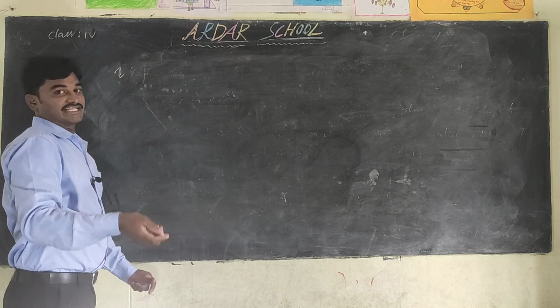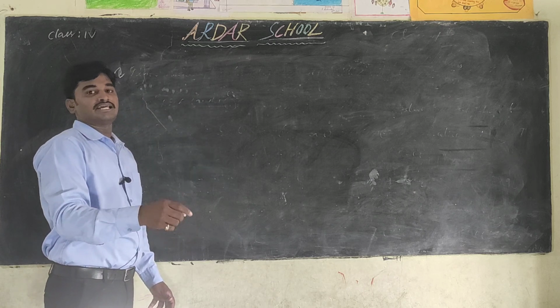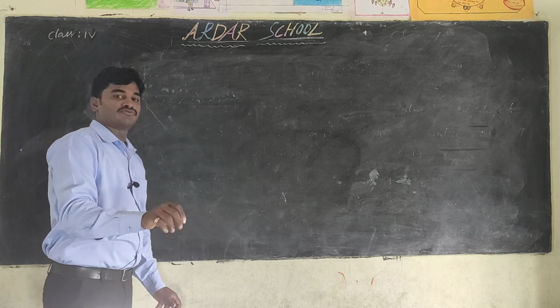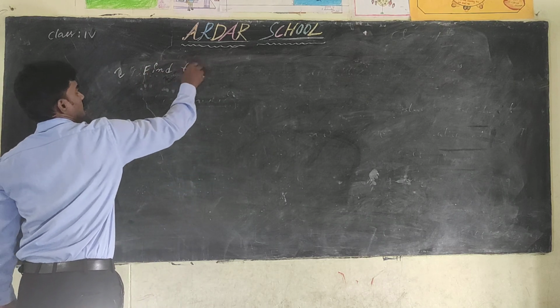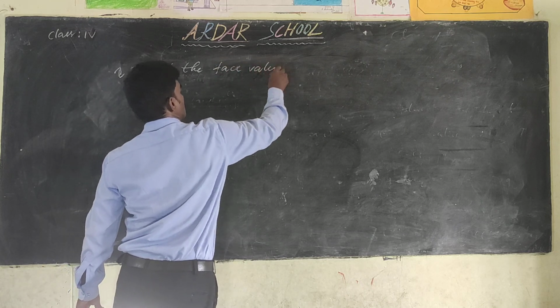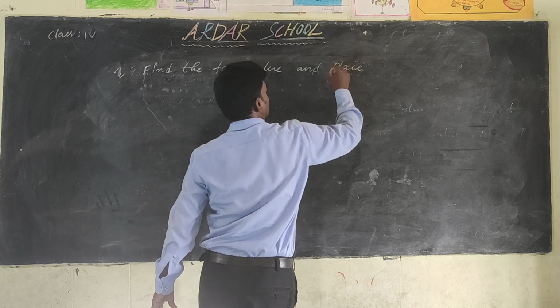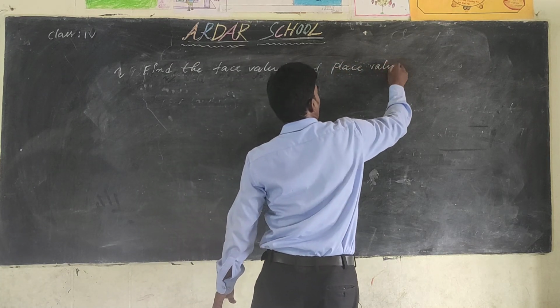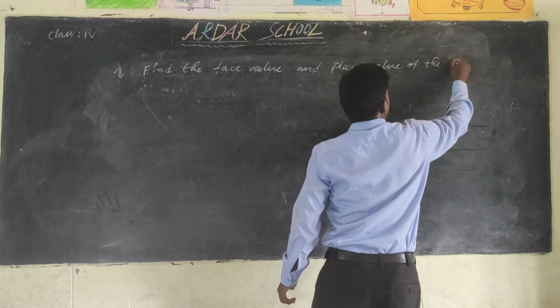Now in this exercise, we are going to find the face value of the digit as well as the place value of the digit also. Find the face value and place value of the encircled digit.